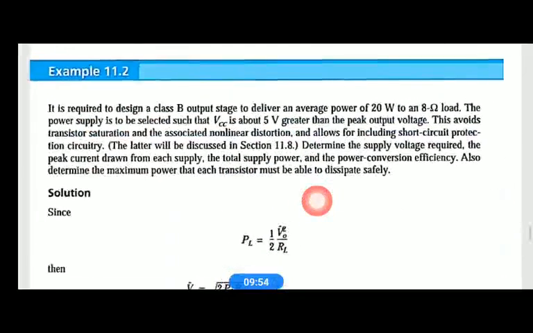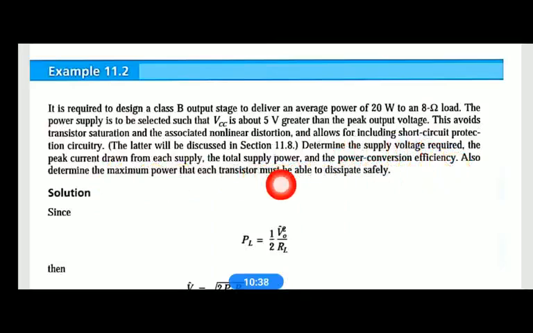So let's design one problem here. It is required to design the class B output stage to deliver power of 20 watt, that is load power, to an 8 ohm load, which is RL. The power supply is selected such that VCC is about 5 volt greater than the peak output voltage V0, that is VCC is V0 plus 5, and this avoids the transistor saturation and associated linear distortion, and allows for including short circuit protection circuitry.